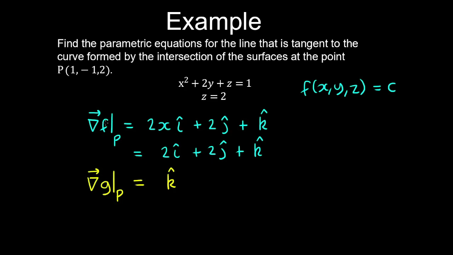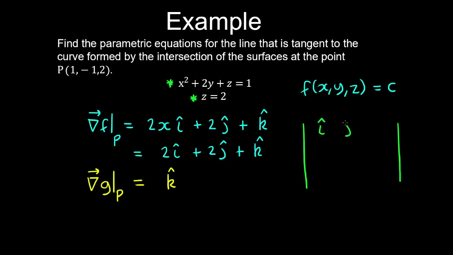So given the gradient of f is perpendicular to this surface, and the gradient of g is perpendicular to this surface, which is a plane, then we can take the cross product between the two to get the vector that is tangent to the intersection curve.